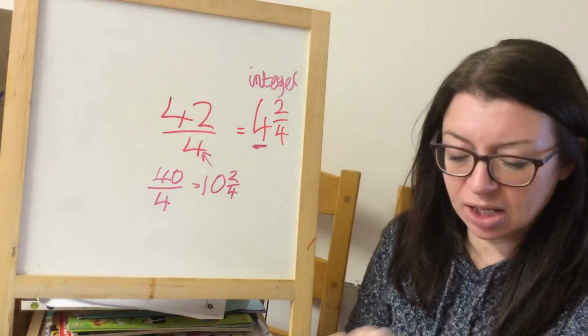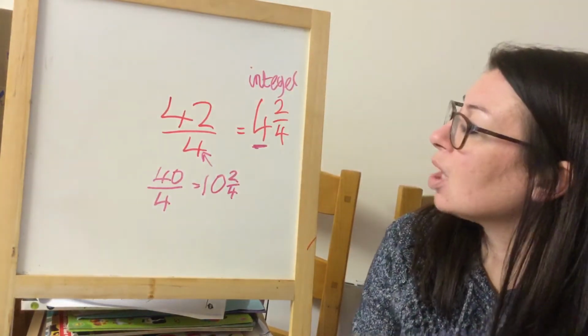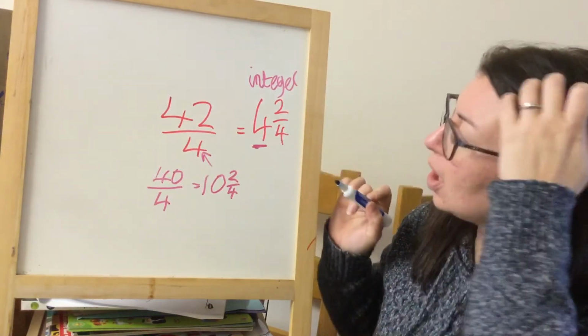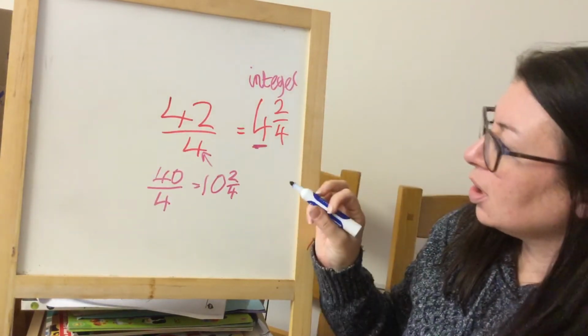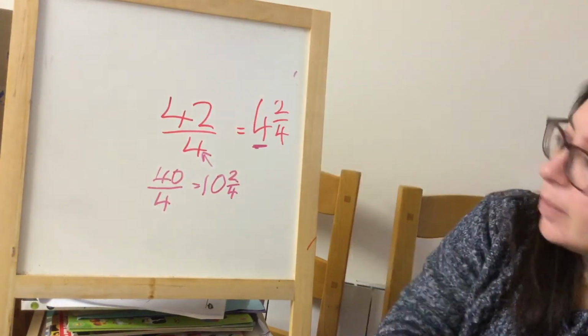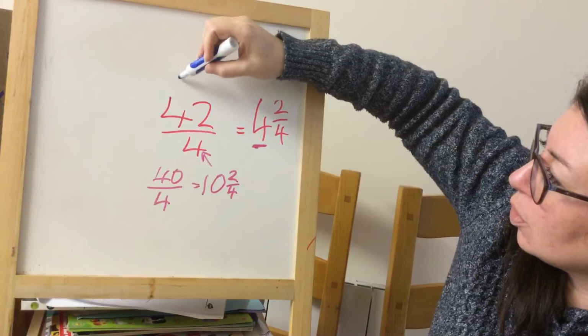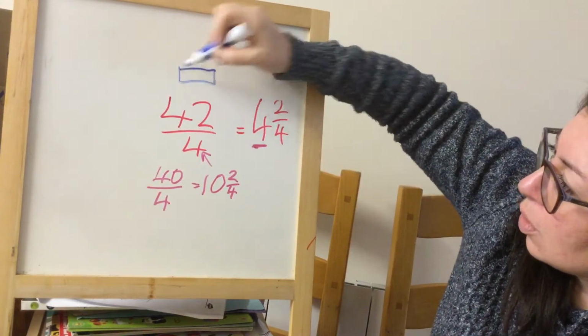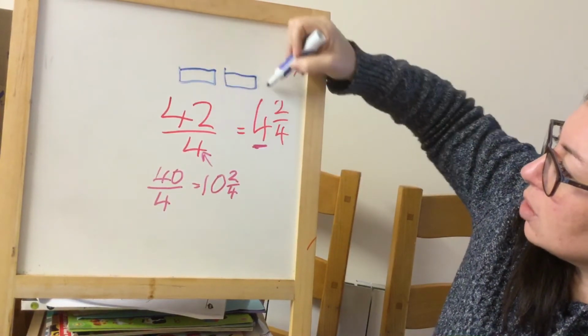Then let's have another think about this one. So if you had 4 wholes, let's draw this. I might have to rub this bit out. If you had 4 wholes, I'll do them quite small so hopefully you can see them all.